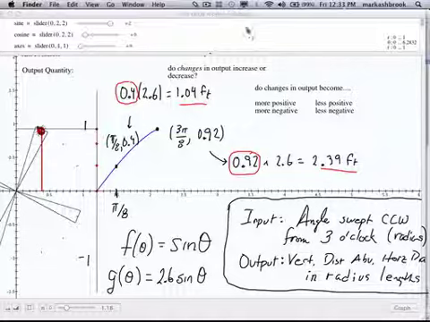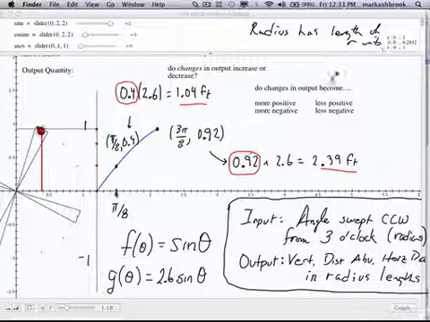Okay? So if the radius is r feet, or radius has a length of r, right, r units, then our function, call it h now, is r sine theta.